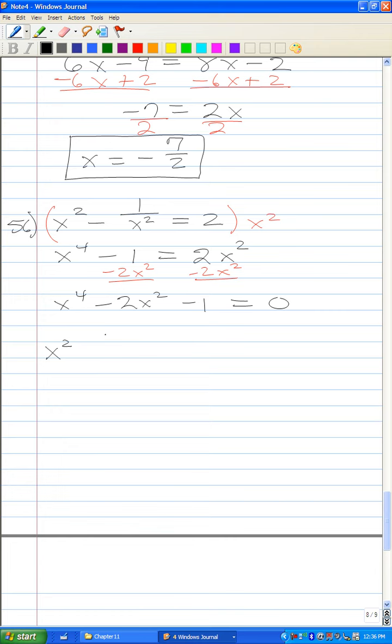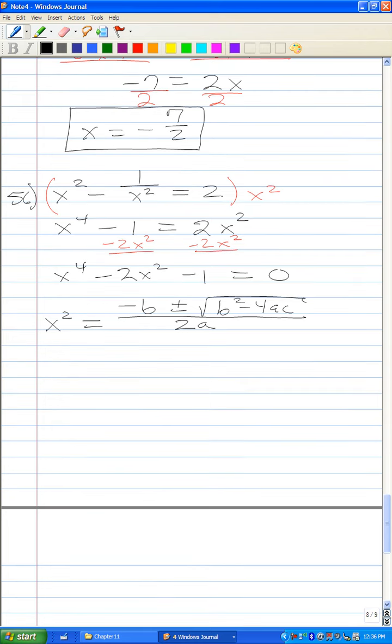So x squared equals negative b plus or minus the square root of b squared minus 4ac all over 2a.